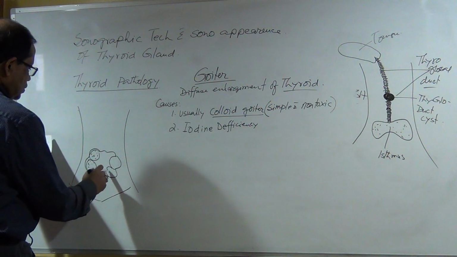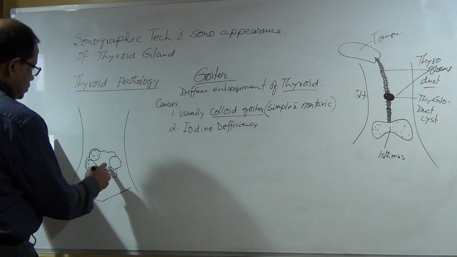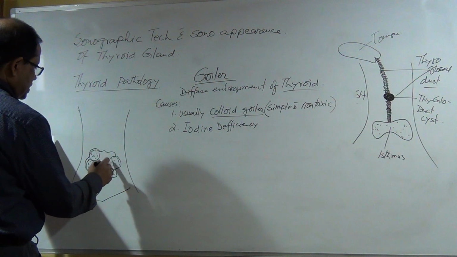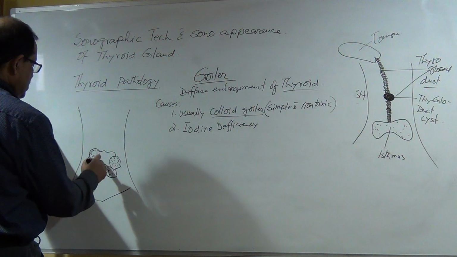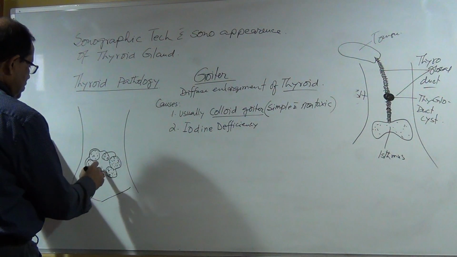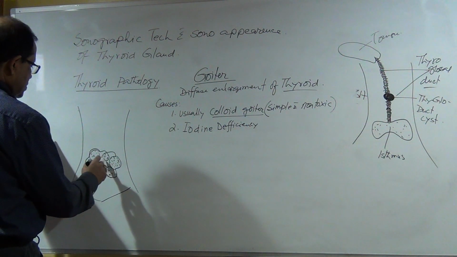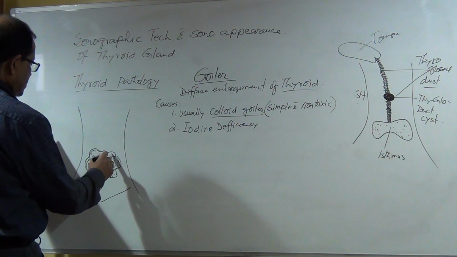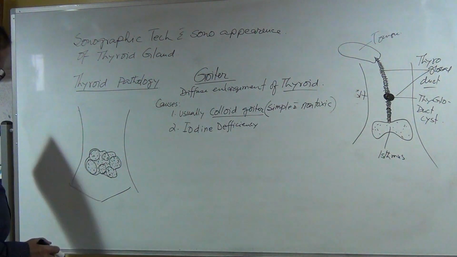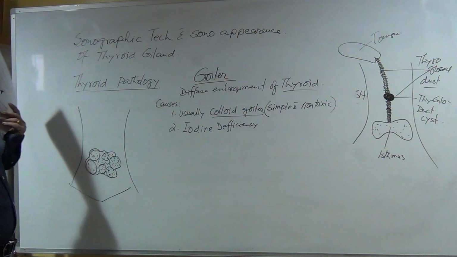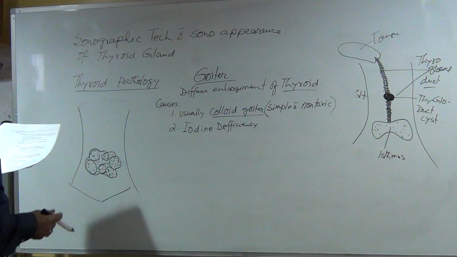Multiple nodule and not hyperfunctioning, because this is not the thyroid follicle enlargement. It is a colloid deposition. Then there will be diffuse enlargement of the thyroid gland that is in front of the neck. So this is the goiter.